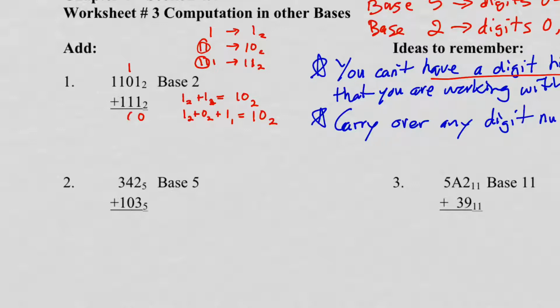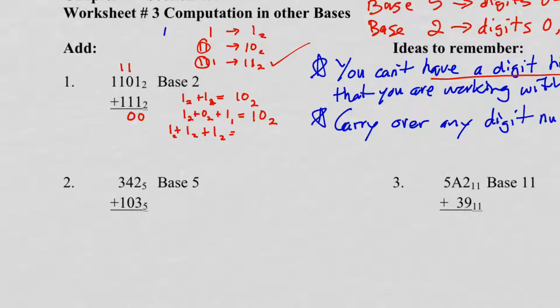We write the 0 down here, carry the 1, and now we have 1 plus 1 plus another 1. If we were counting something, it would be 3 chairs, but as a numeral in base 2, we have this right here.